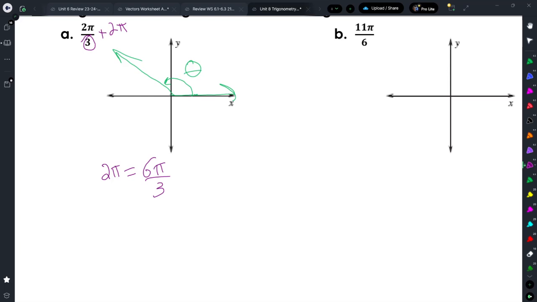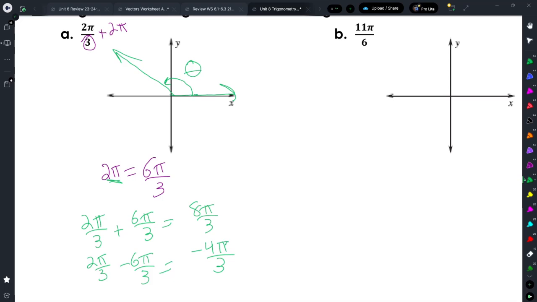So 2 pi is equal to 6 pi over 3. So instead of adding 2 pi in this form, I'm going to add 2 pi in the form of 6 pi over 3. So 8 pi over 3 is a positive coterminal angle. And subtracting 6 pi over 3 gives us negative 4 pi over 3.